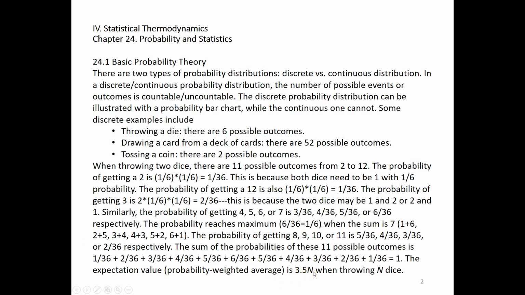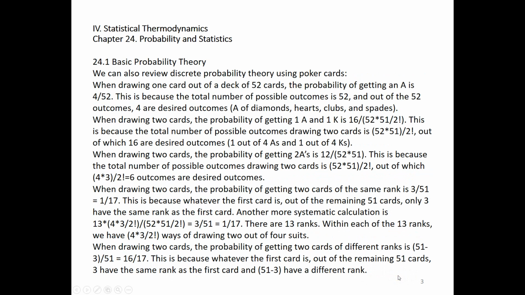The average is going to be 35 when you threw 10 dice. If you threw 10 dice 1 billion times, and then look at the distribution, you'll see the probability is maximized at 35. That's the expectation value of throwing 10 dice.